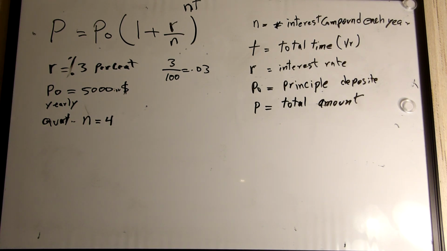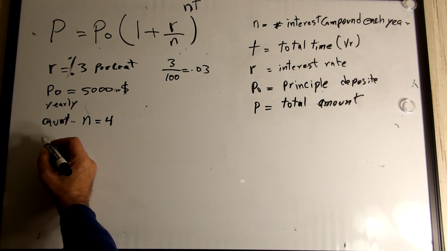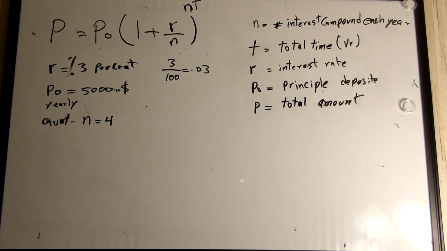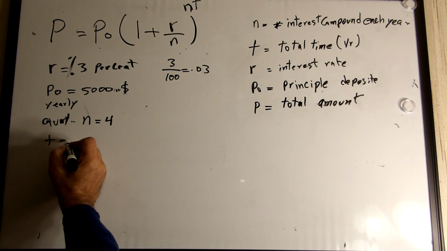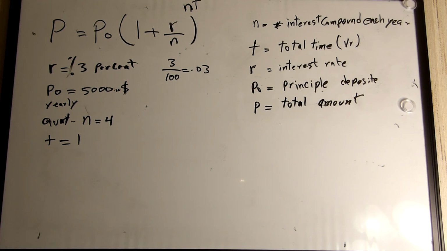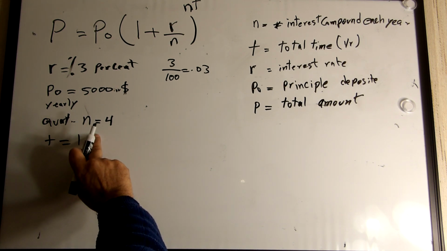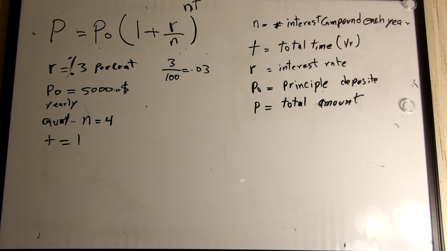If the interest is compounded quarterly, I mean every 3 months, let's see what's going to be the result. So n is 4, t is equal to 1, because it's 1 year, but they compound quarterly, and we have 5,000 here and 3%.